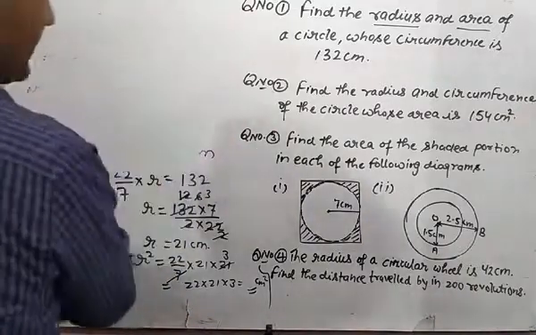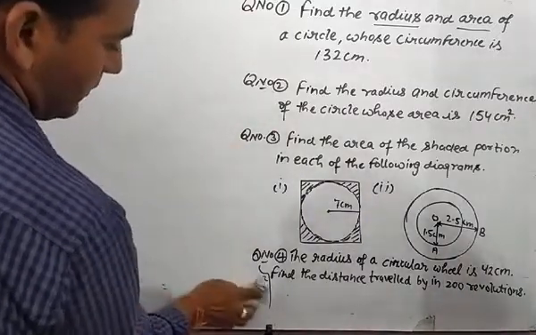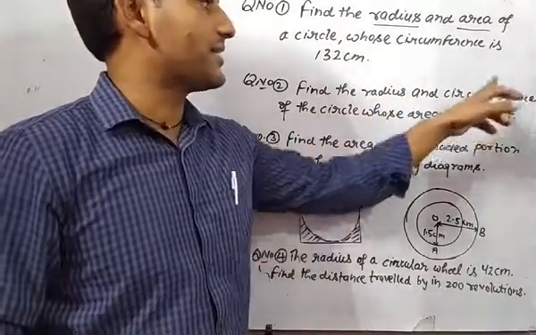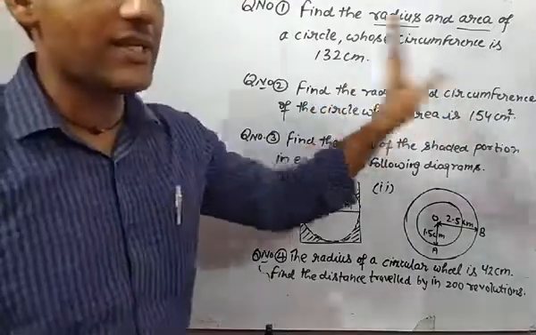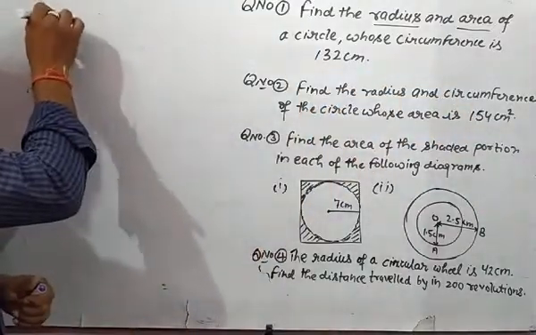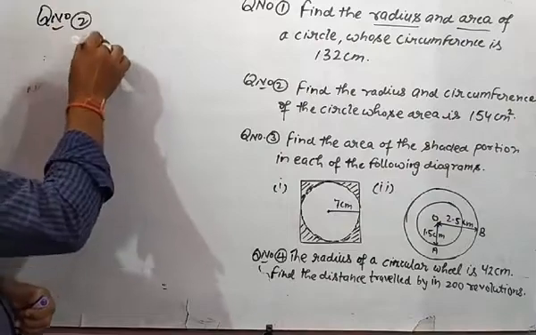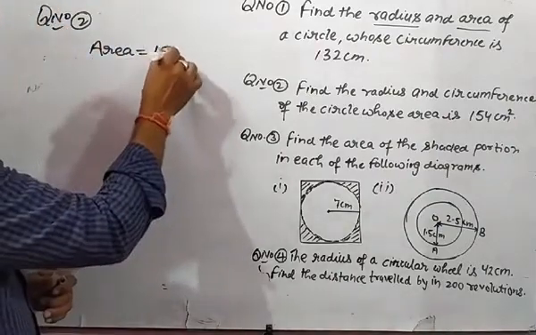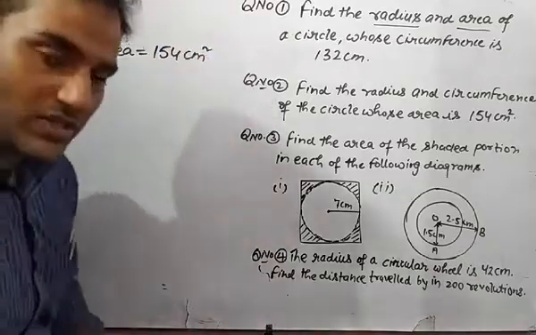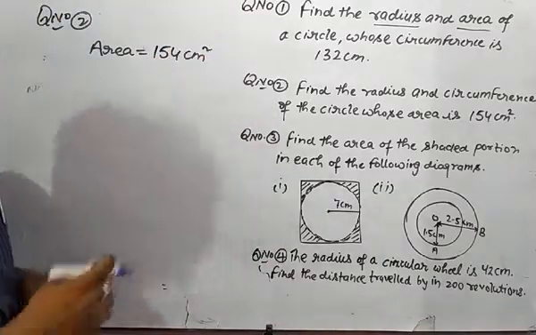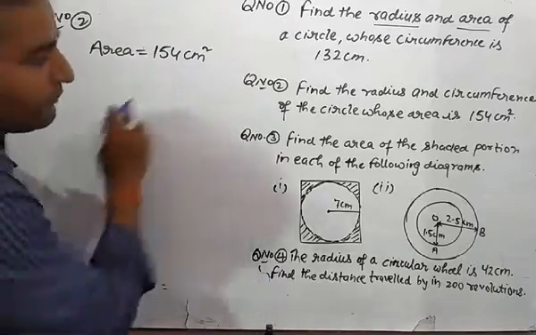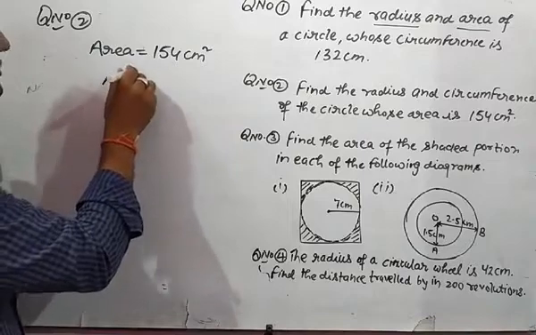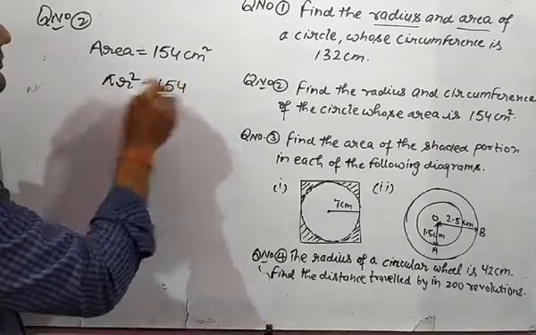Now, the second one. In the same way, find the radius and circumference of the circle whose area is given. Question number 2. Area is given, 154 centimeter square. All these questions I have chosen are from your books. As we all know, area of circle is pi r square, given 154.